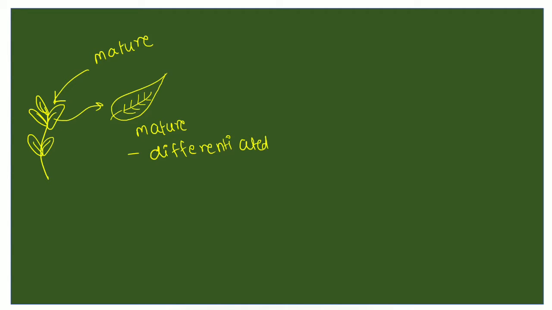When I use the term differentiated, it means the cells have already gained their function. They have already gained their function to form the leaf portion of the plant. Therefore we call it a differentiated part of the plant.